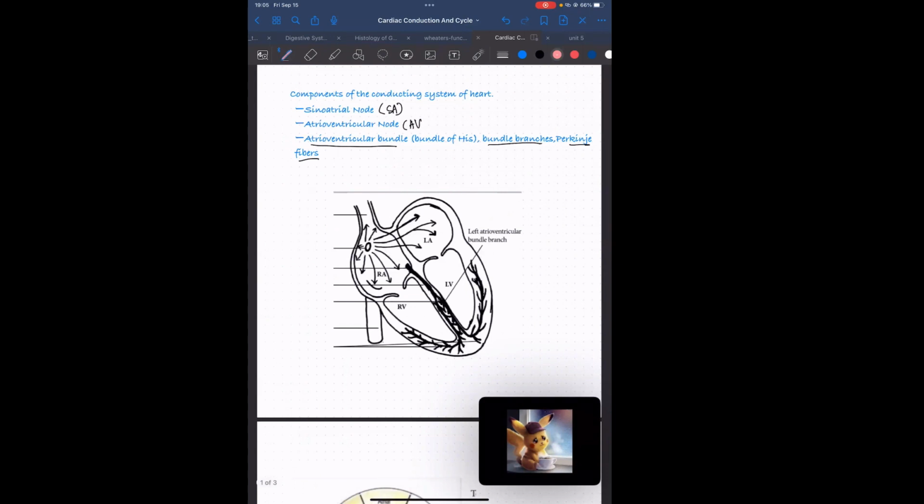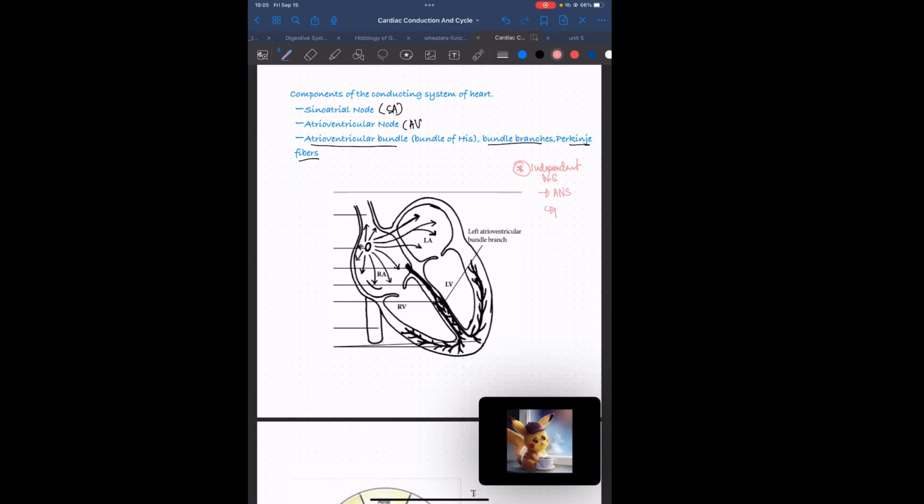Starting with the SA node, the sinoatrial node. The first thing you have to know about the heart is that it is independent of the central nervous system. That means it can create its own impulses and control the activity of the heart. But still, it is responsive to the autonomic nervous system.